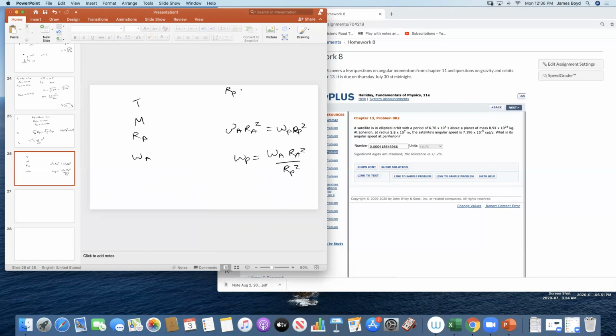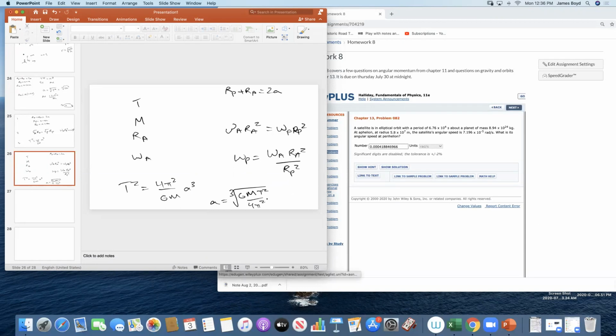We have that RP plus RA is equal to 2A. So if we knew A, we could get RP, right? In order to get A, we can use T squared is 4 pi squared over GM times A cubed, or A is the cube root of GM T squared over 4 pi squared.